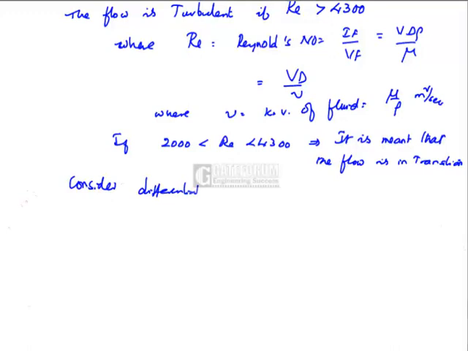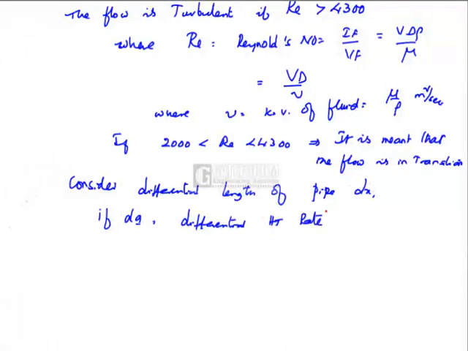If you take a differential length of the pipe, consider differential length of pipe dx. If dq is the differential heat transfer rate for this length dx, then dq is equal to mass flow rate into Cp into change in differential bulk mean temperature.